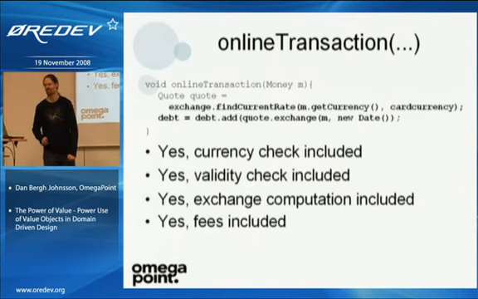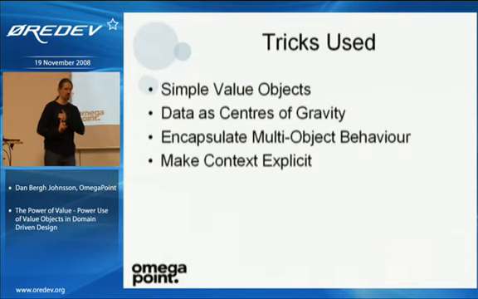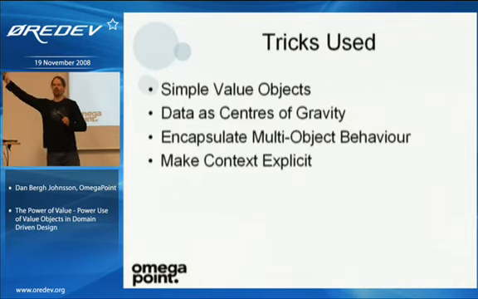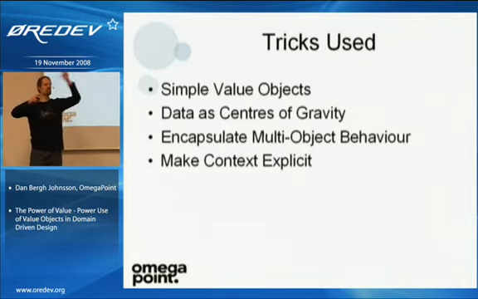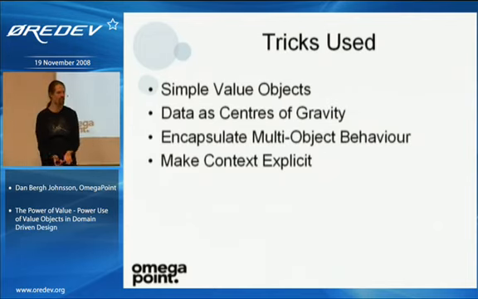I agree. So the tricks we've used is simple value objects for raising the baseline. We're trying to use data as centers of gravity and identifying pieces of code that could fall in. If we lack a center of gravity, we'll encapsulate some multi-object behavior in a larger concept, still a value. Values do not need to be small.